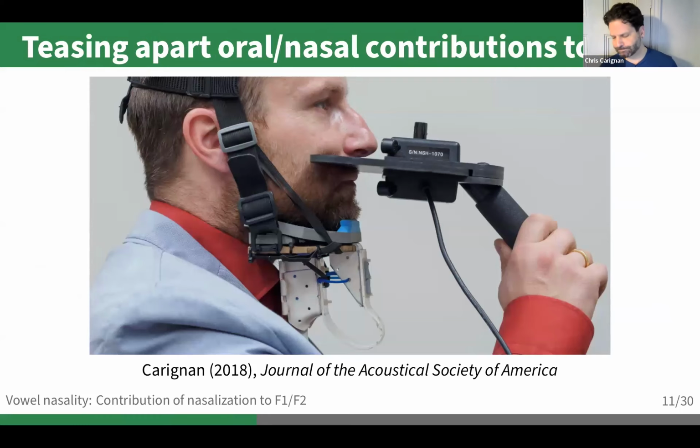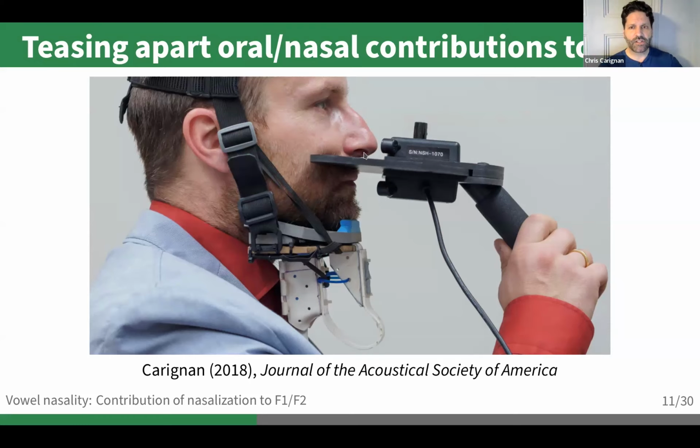So what I did, sounds like a really weird study, but I had 6 different trained phoneticians, all different language backgrounds, and set up this sort of contraption where I had an ultrasound probe holder underneath the chin that was tracking the shape of the tongue, and then also what's called a nasal instrument or a nasometer.